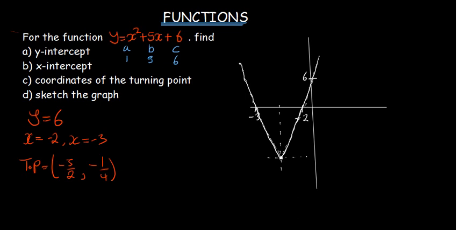All right, so that is what we have. We can say this is our minus 1 over 4, that is the value of y. This is our minus 5 over 2. So that's how you can draw this graph. Of course, when you're using a pencil or something, it will be very smooth. Yeah, so that's how you go about answering that question, or any other question that you're given.